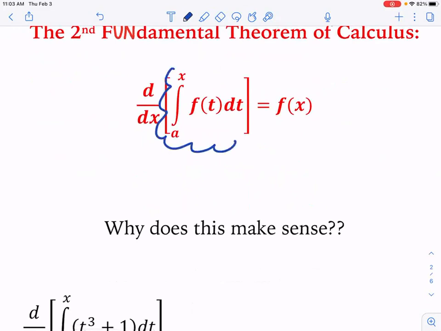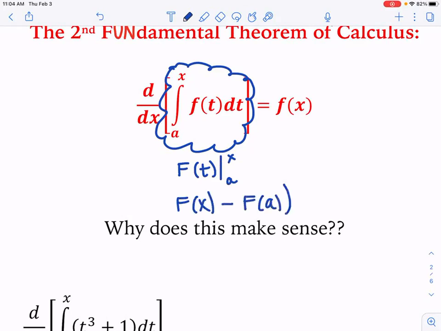but let's take this right here. If we were to perform the first fundamental theorem of calculus on this guy right here, we would have the antiderivative evaluated from a to x. So we would have antiderivative at x minus antiderivative at a. Now we're going to take the derivative.